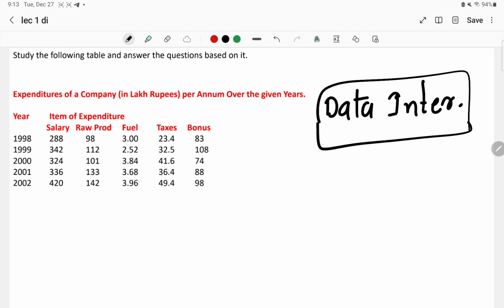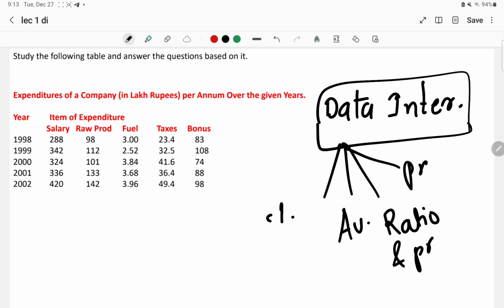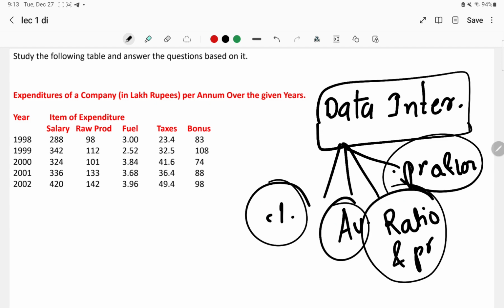But to study this, and to answer the questions from data interpretation, topics such as percentage should be clear, topics like average should be clear, topics like ratio and proportion, profit and loss, all these topics should be clear. That is the reason that I have already taken mathematical reasoning with all these topics: ratio, proportion, profit, loss, percentage, average. So this was the important base for data interpretation.